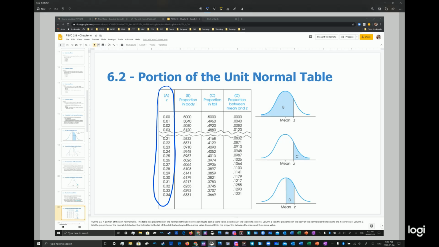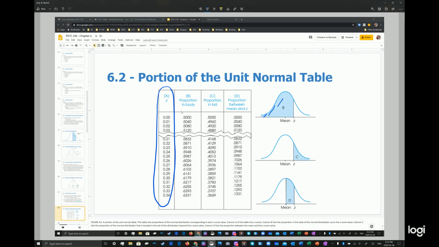For column B, the proportion of the body from left to right, the body is the larger portion. And because it's larger than 50%, the smallest value when Z is at 0 is going to be 50% and no smaller. Notice the values go up from here. And so B gets bigger as Z gets larger.